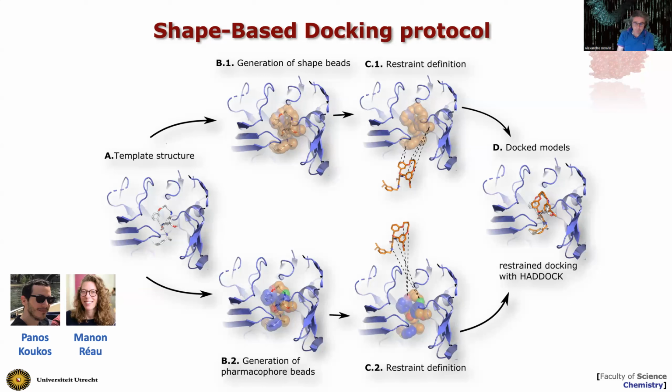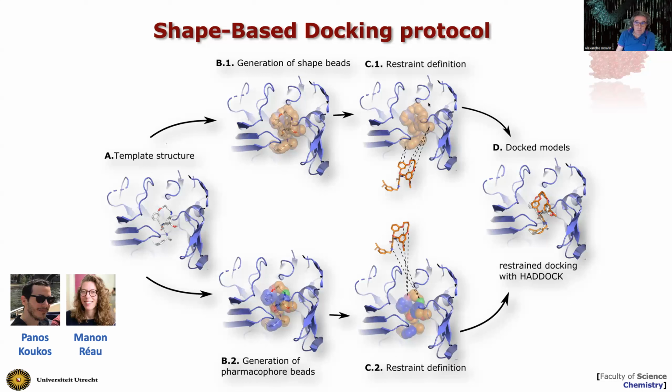But basically, for many drug targets, you will find in the PDB some structure with some other small molecule bound to it. Unless you're working on a completely new drug target and there's no structure at all, but in many cases, there is quite some structural information in the PDB. You can extract the ligand that most resembles the ligand that you want to model, and define this ligand as a 3D shape.